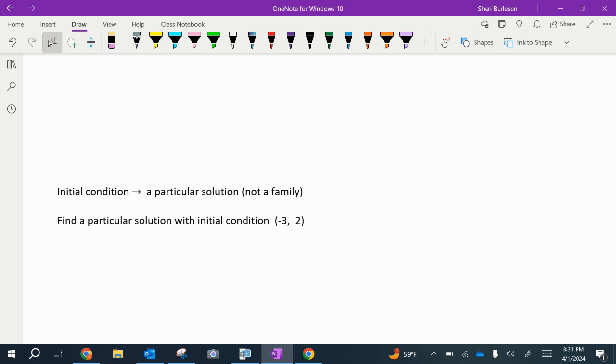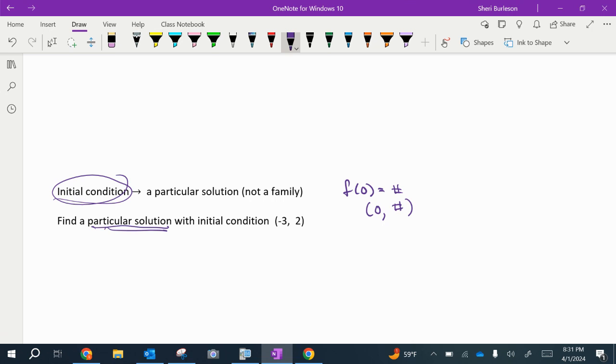We can actually solve for a particular solution, not just a family of solutions. And what we need to find the particular solution is an initial condition. A lot of times, your initial condition is going to look like f of 0 equals some number, or 0 comma some number, but it doesn't have to be.